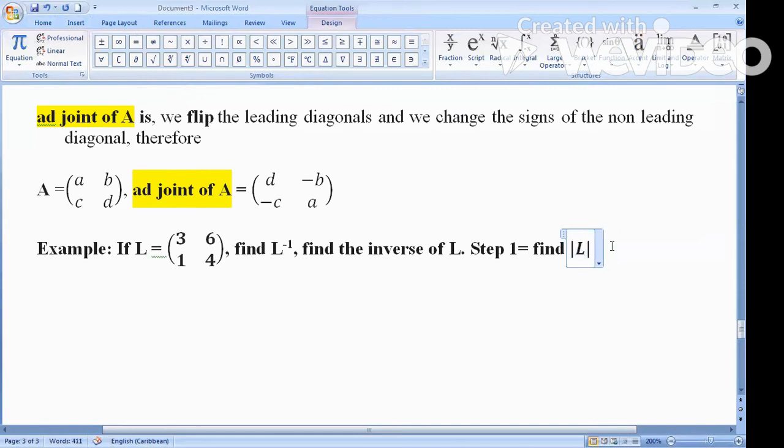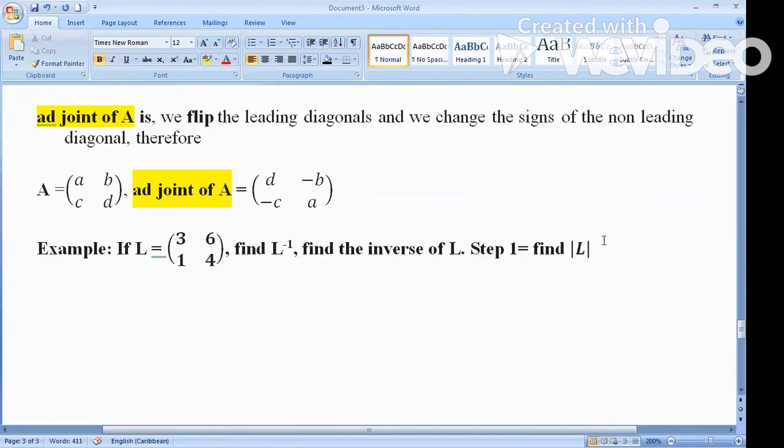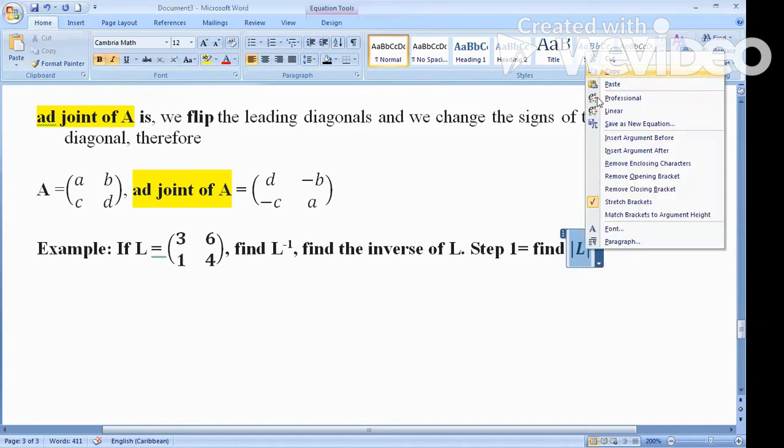Yes, because look at the formula. It says 1 divided by the determinant. So we need to find the determinant first. All right, so that's step number 1.